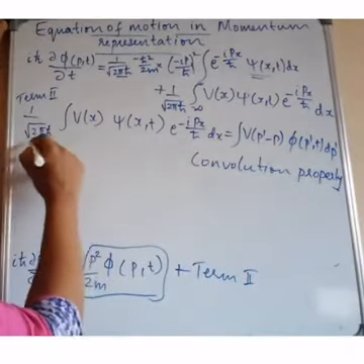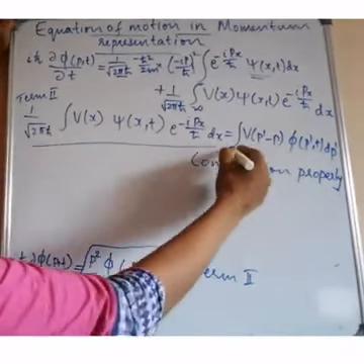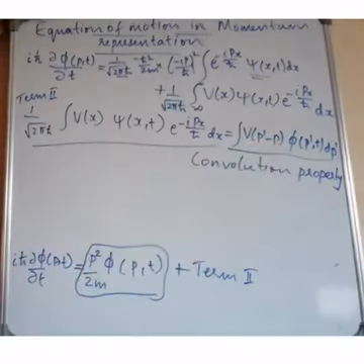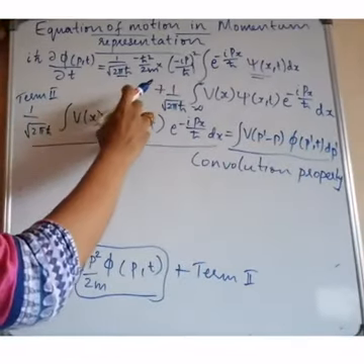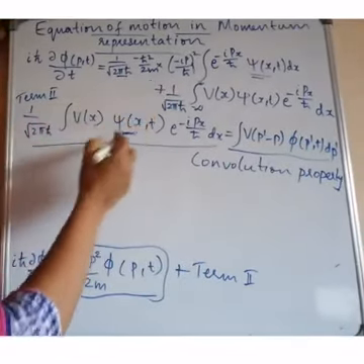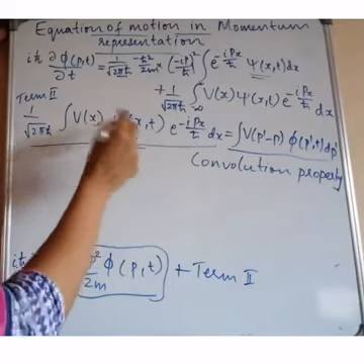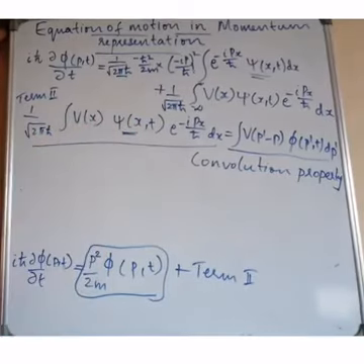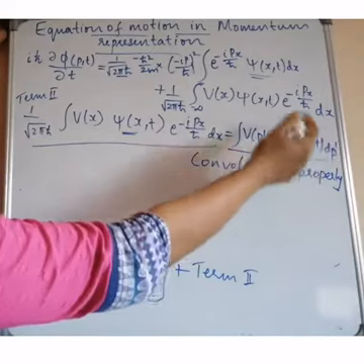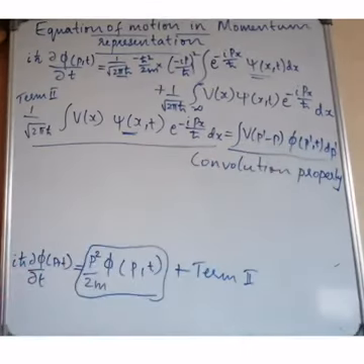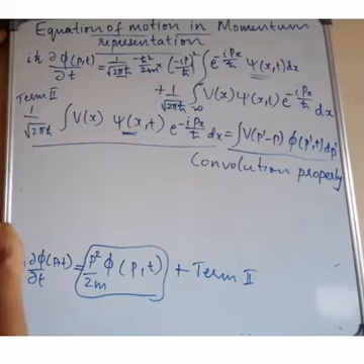I can write this term as such as this term. Again, the Fourier analysis is included. You have to remember that Fourier analysis is included in psi of x comma t. So I can directly write this as an integral v of p prime minus p psi of p prime comma t dp prime.